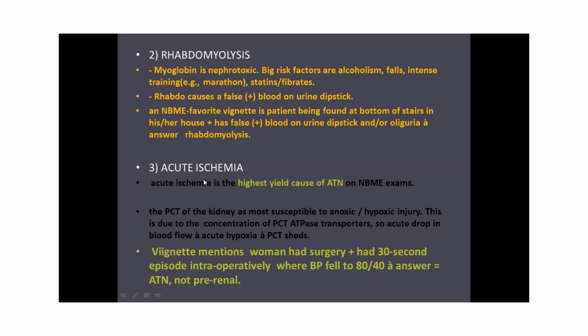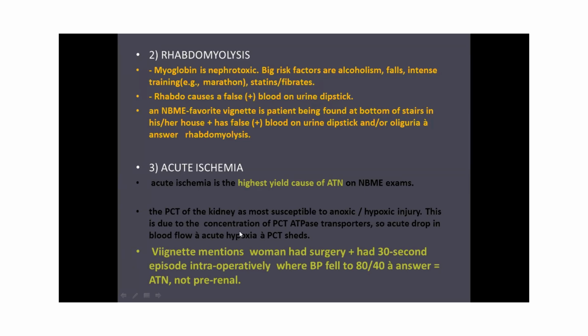And the last one is acute ischemia. I have seen that most of the time when they are checking the concept of acute tubular necrosis, they will mention this cause, acute ischemia. It is the highest yield cause, even on NBMEs. You know that the proximal convoluted tubule of the kidney is more susceptible to anoxic and hypoxic injury.